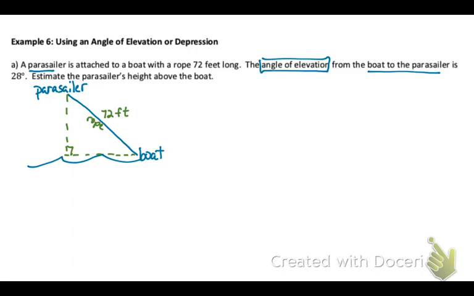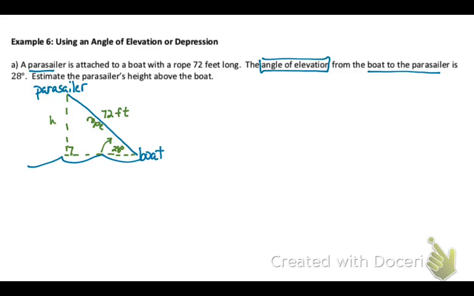So we're not looking for that rope length, the distance from the boat to the parasailer. We know that. We just want to know the height above the boat. And so we'll label that H. That angle was an angle of elevation, and so we know that it's opening upward, 28 degrees.